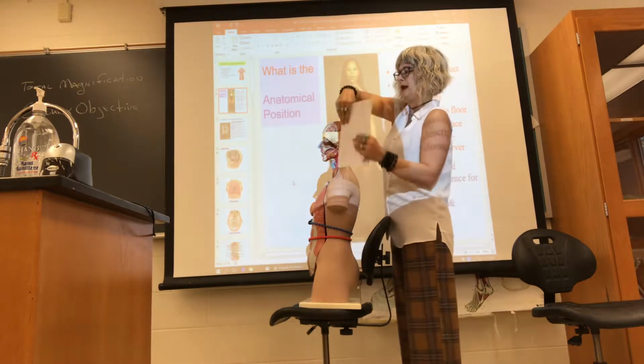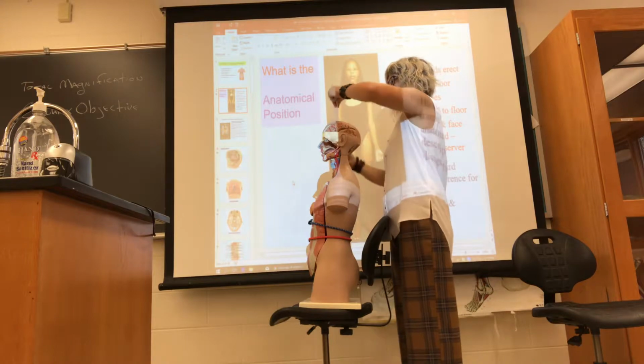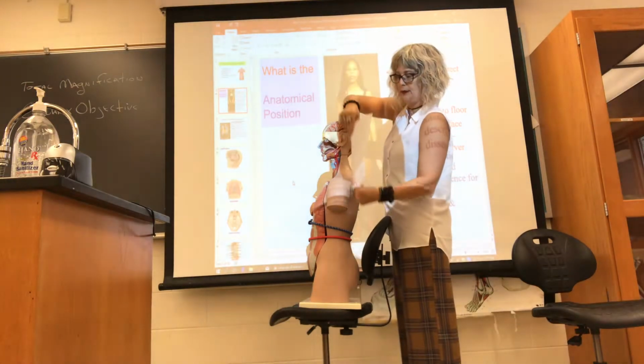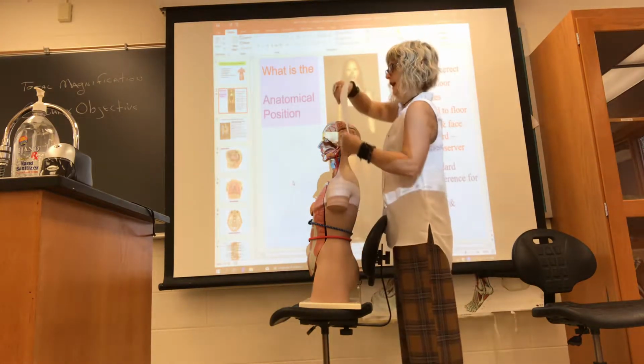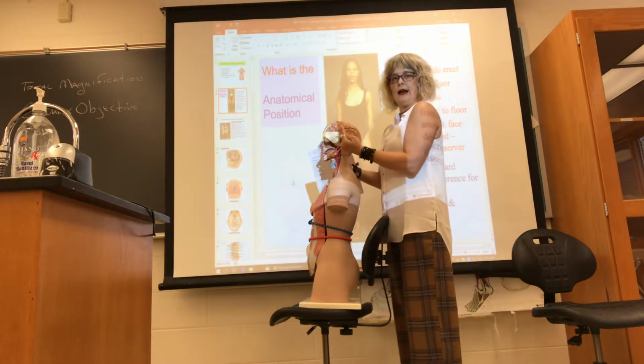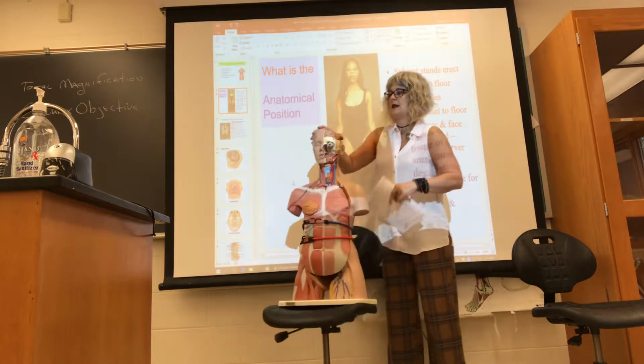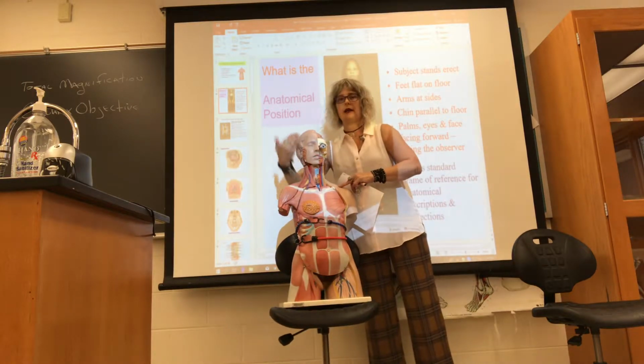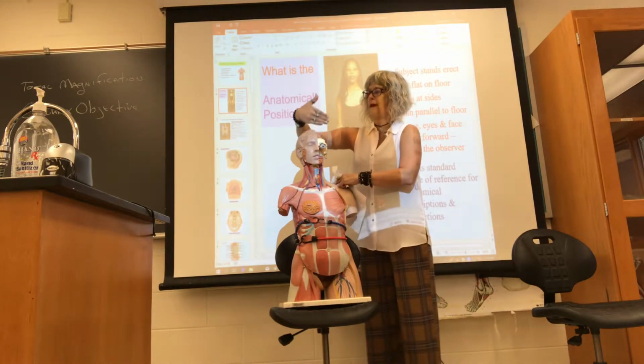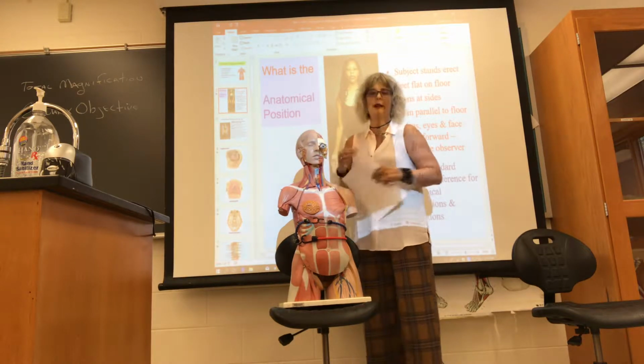From the head, we tend to say coronal. Even though it's the same exact plane, we haven't changed planes, but when we describe it at the head, we say coronal. You can think of it as if someone's wearing a crown. It cuts the body in half, a front half and a back half of the cranium.